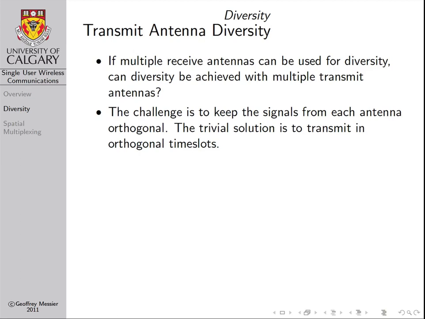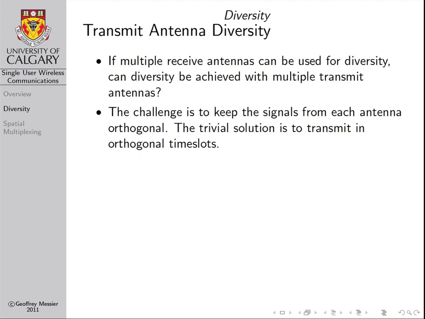So if we consider the case with 2 transmit antennas and 1 receive antenna, if we take 2 copies of an information symbol and we transmit them at the same time from those 2 antennas, those signals will just add together in the radio channel, and they'll be impossible to separate at the receiver.